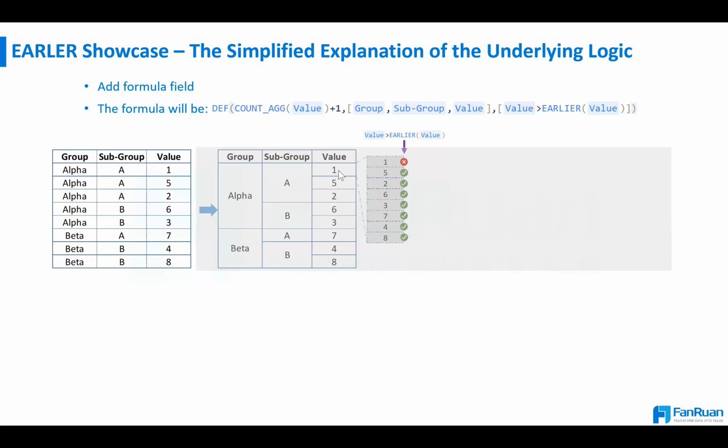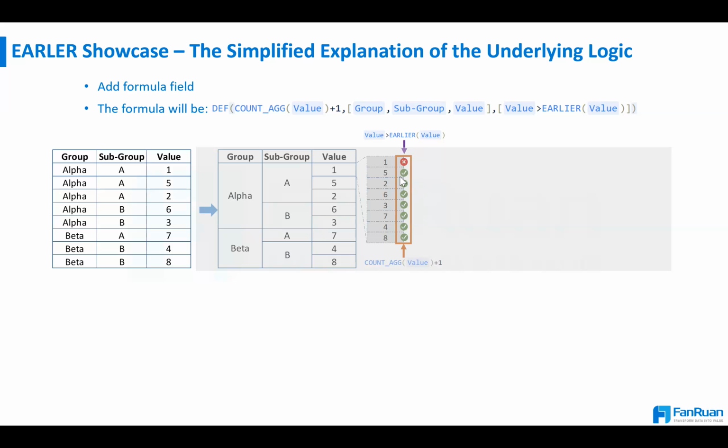For example, is 1 larger than 1? It's false. Then is 5 larger than 1? It's true. Is 2 larger than 1? True, and it will go to the very end. And then it will run the count aggregation function on this expanded view. So in this case, the count aggregation gets the number 7.